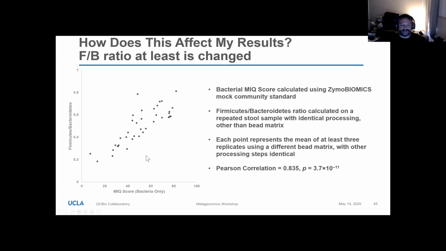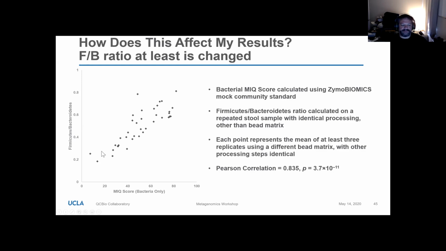So what I start seeing here is that as my method appears to improve, and as I get higher and higher scores with the beads, I start getting a much different impression of what this sample is made of, which is actually a little bit disturbing if you think about it.